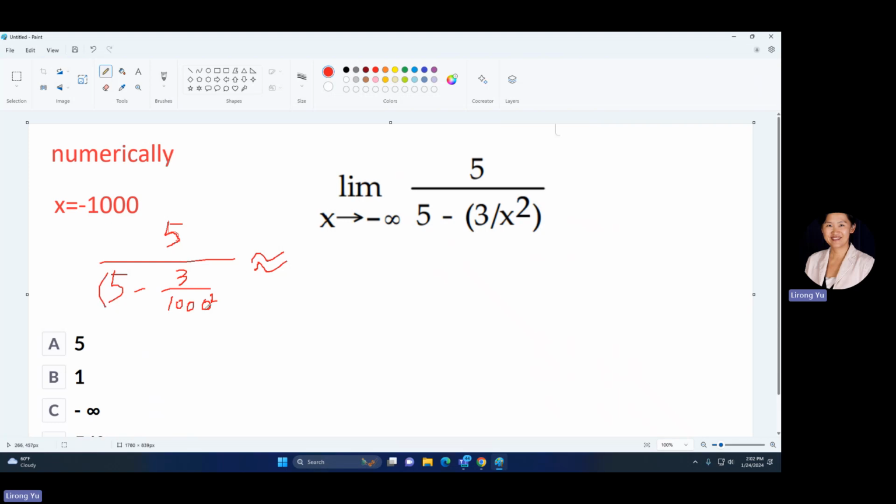It's 0.99999, so it's a really small difference from 1. Probably equal to 1, for our answer. Your answer is very close to 1. If you try negative a million, it just shows up as 1.